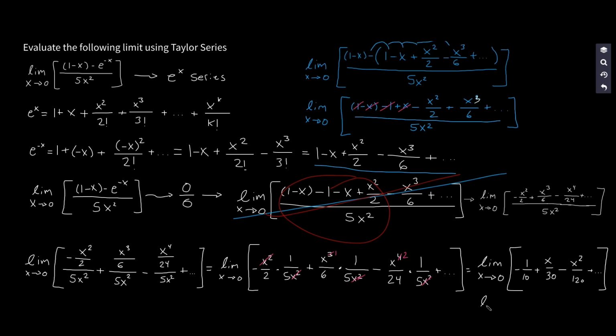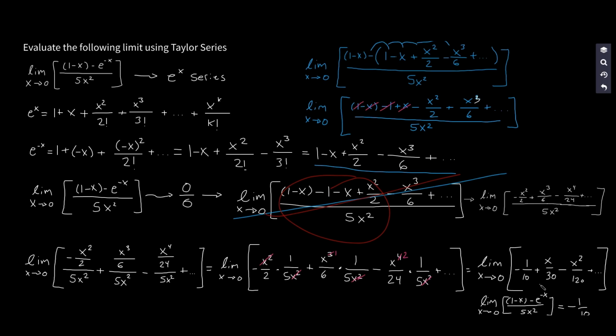So what does that mean? That means the limit as x approaches 0 of (1 minus x) minus e raised to the negative x power, all over 5 times x squared, is going to equal negative 1/10, because negative 1/10 is the only term in the limit now that doesn't have an x in it.